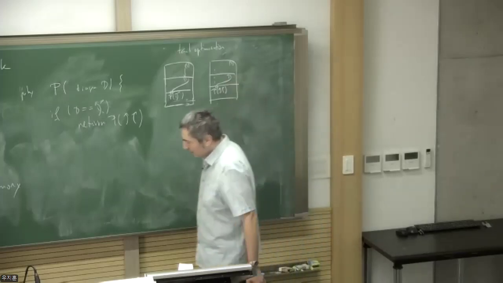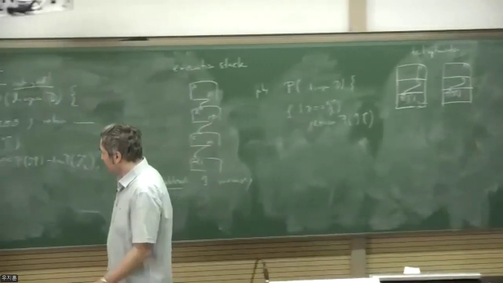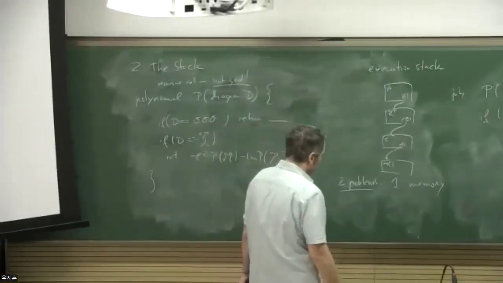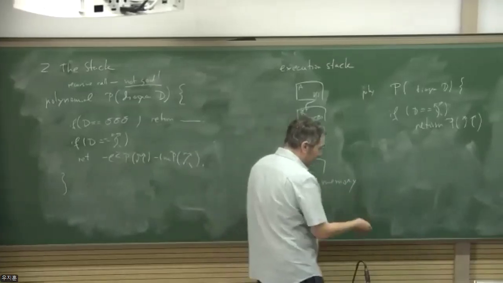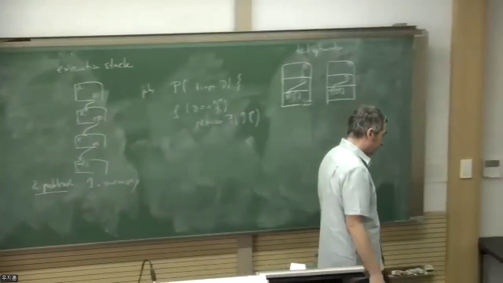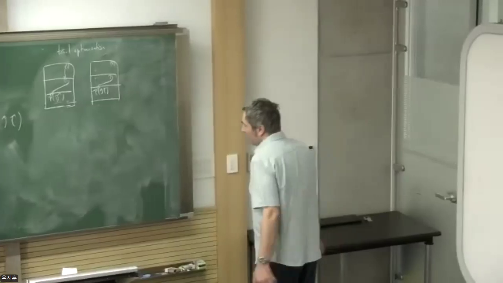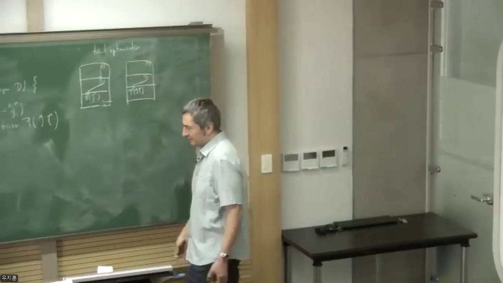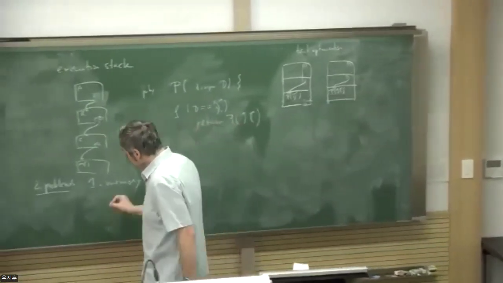You cannot remove these variables from the stack because they're inside the procedures. So it maintains a lot of memory that can be optimized. So this is the first thing.